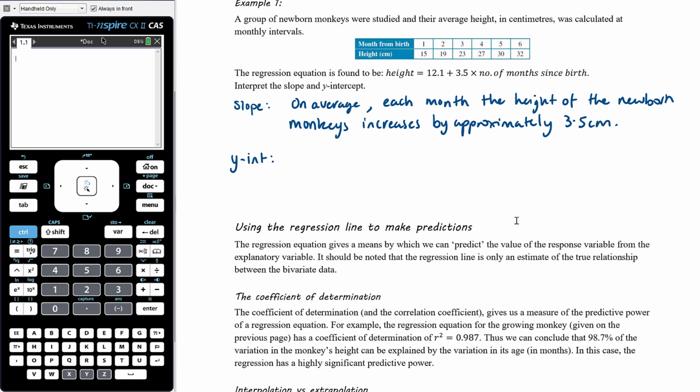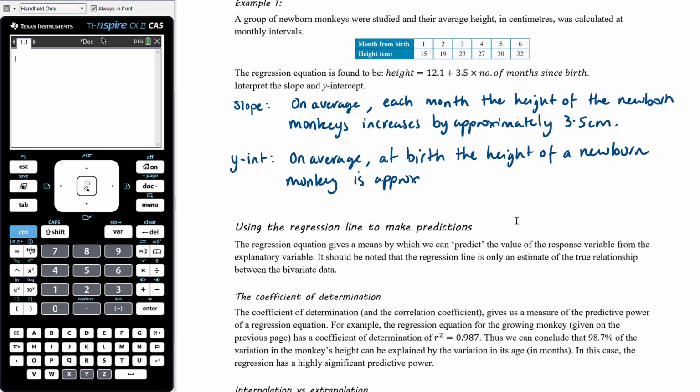So what we're suggesting here is that on average, at birth, when the explanatory variable is 0, the height of a newborn monkey is approximately 12.1 centimetres. So on average, at birth, that is when the number of months since birth is 0, the height of a newborn monkey is approximately 12.1 centimetres.